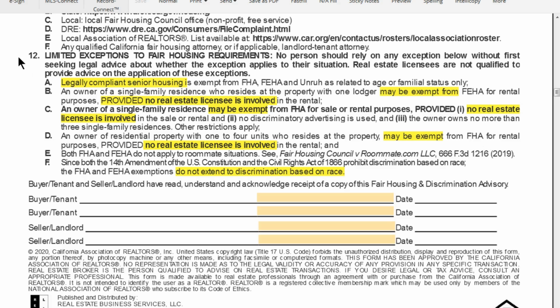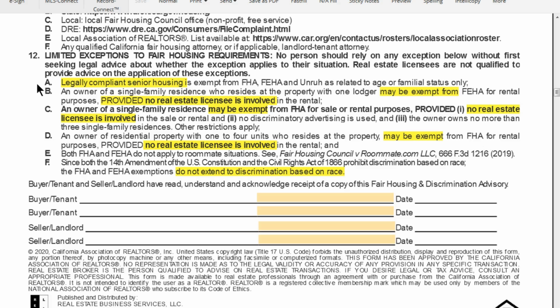Section 12 talks about the limited exceptions to fair housing requirements, and it also states that you should seek legal advice about whether the exception applies to your situation before assuming that it does. And as I've noted previously, real estate licensees are not qualified to provide legal advice, so that would include these exceptions.